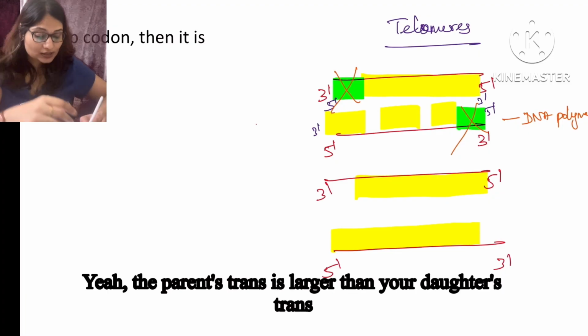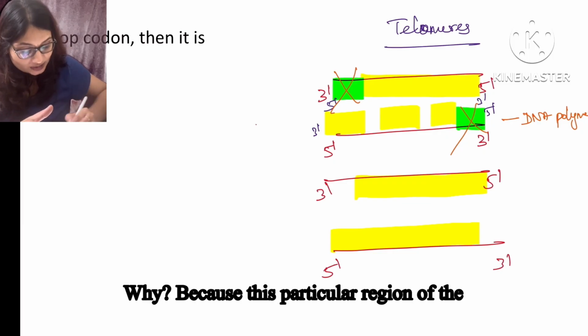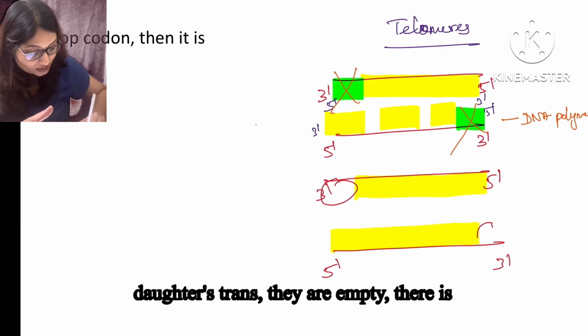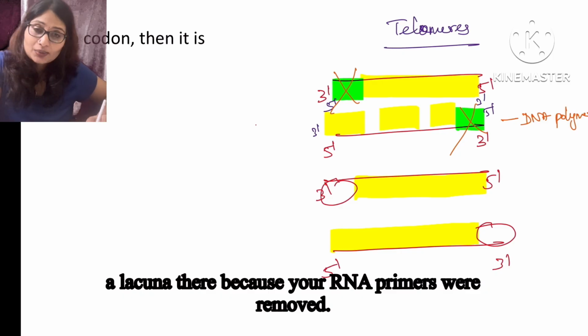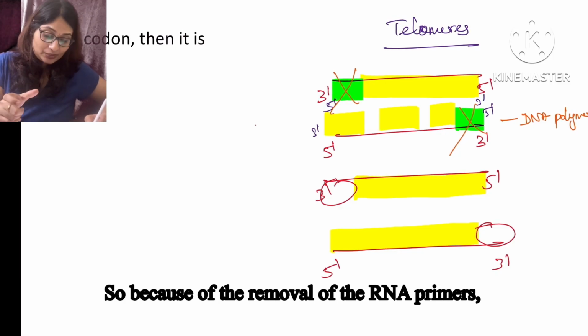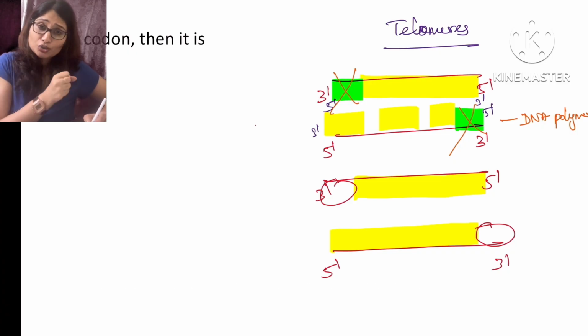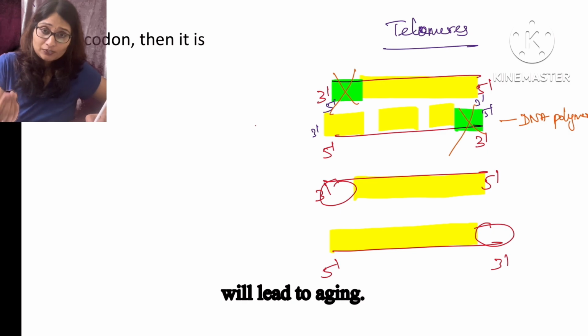Yeah, the parent strands are larger than your daughter strands. Why? Because this particular region of the daughter strands is empty, there is a lacuna there because your RNA primers were removed, right? Because of the removal of the RNA primers, there is going to be shortening of chromosomes, isn't it? This shortening will eventually lead to aging, fine.